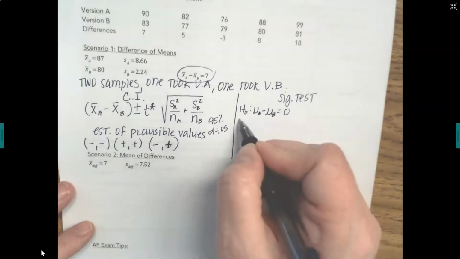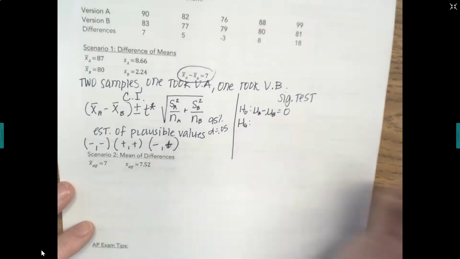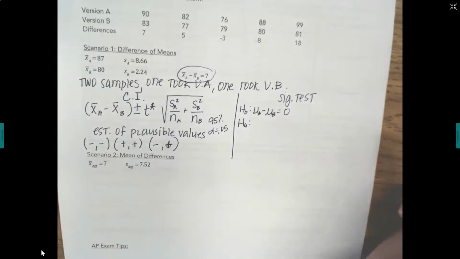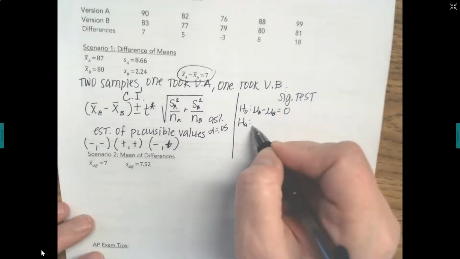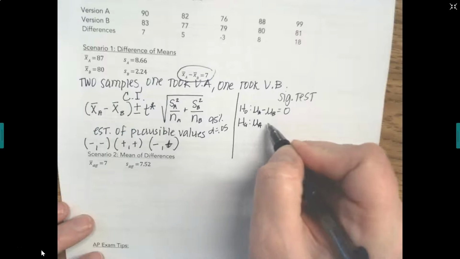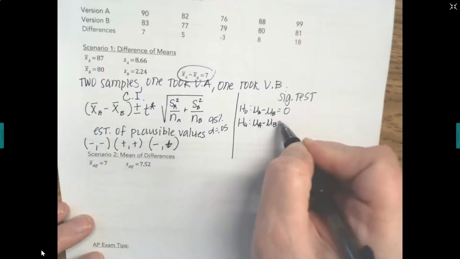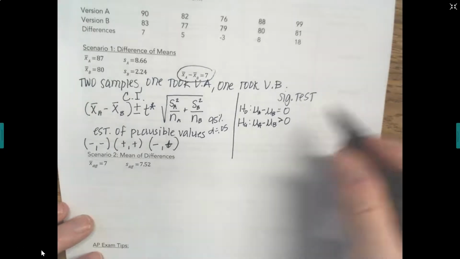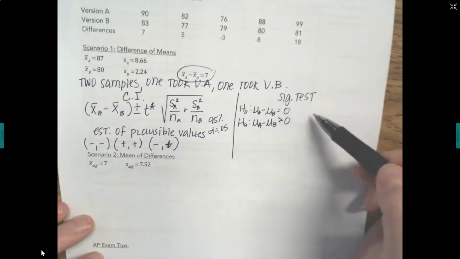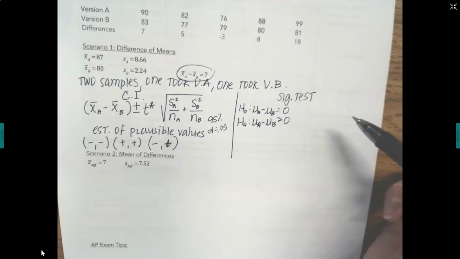Okay, and the alternative, well, the kids think B is harder, so B would have lower grades, which would make A bigger. A minus B would then be positive numbers. So the mu of A minus the mu of B would then be greater than 0. Okay, and of course you would want to define your parameter, what is mu of A minus mu of B.